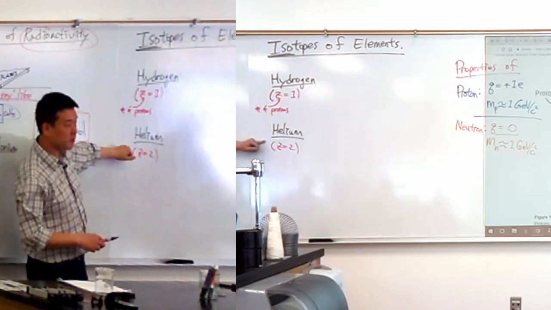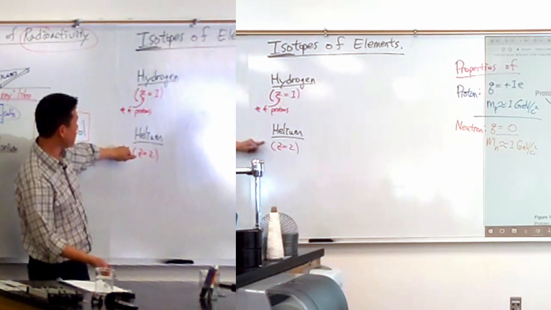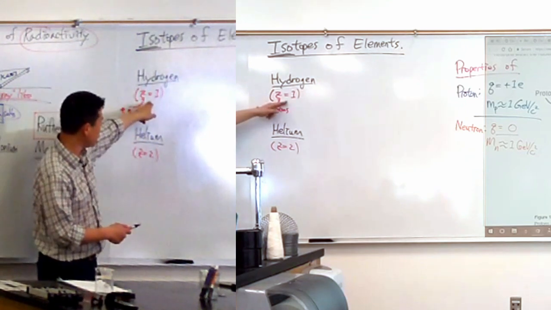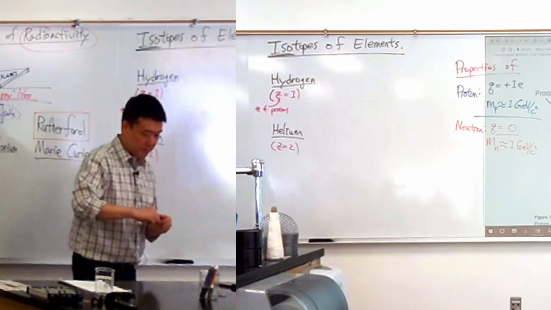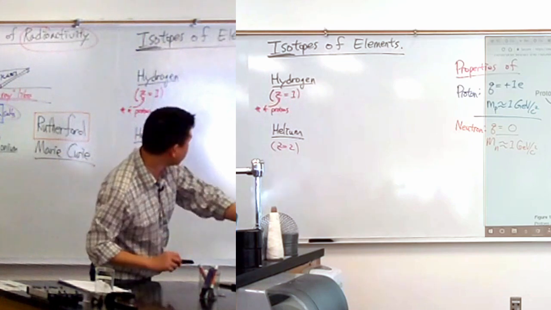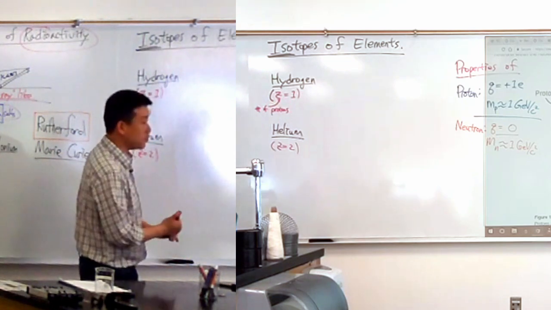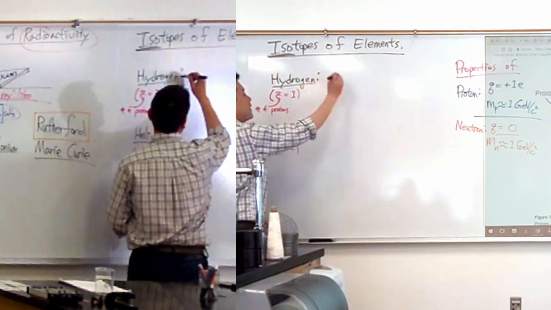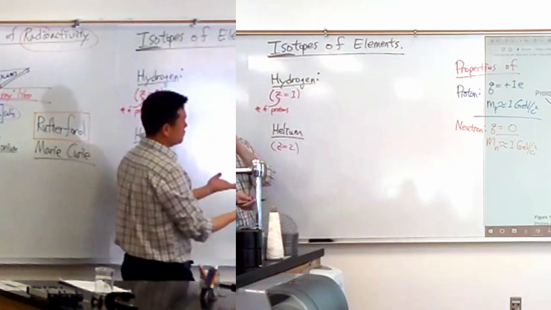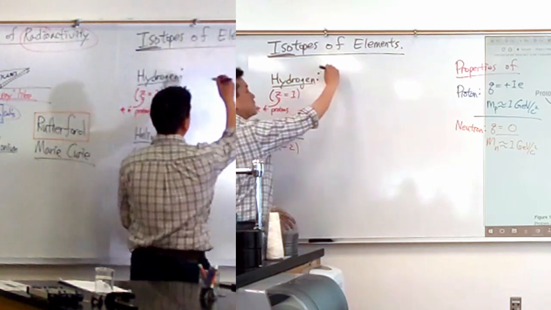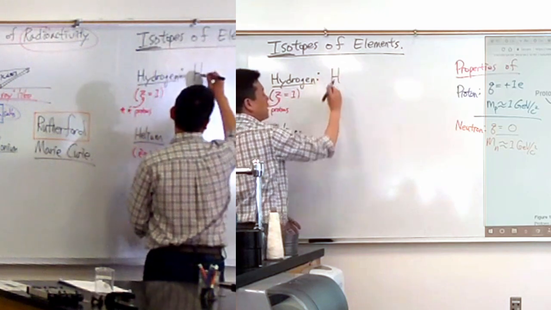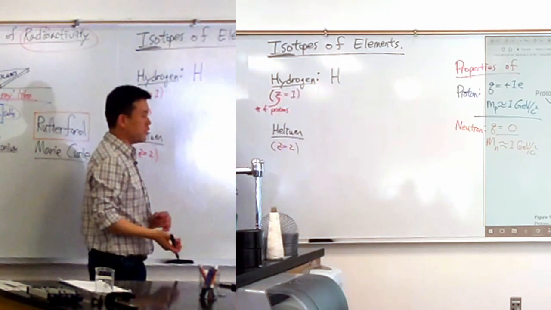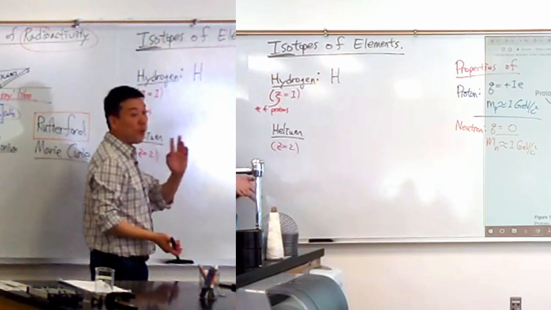But it turns out there's more than one type of particle that has 1 proton in it. So those are isotopes. And the way I prefer to mark isotopes is this simple notation, because you can type it. You list them this way: the name or symbol for the element, hydrogen, and you follow it with its isotope weight.